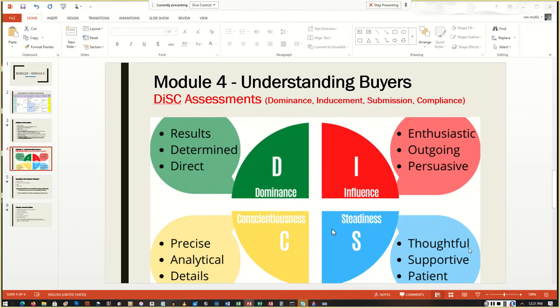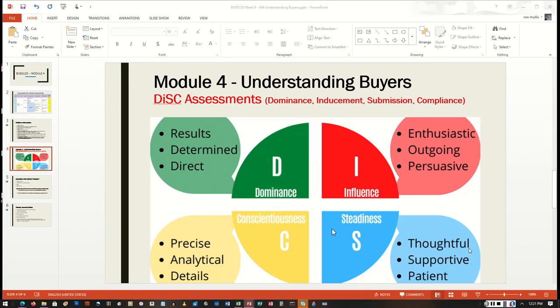By understanding your own primary behavior style, that helps an individual better manage experiences and relationships with others. The DiSC assessment is frequently used in business and governmental agencies to help teams work more effectively together.